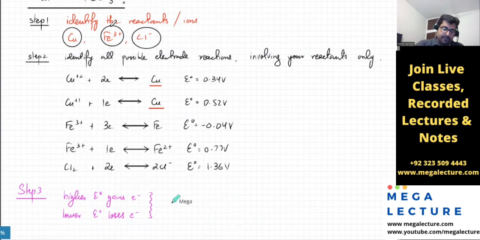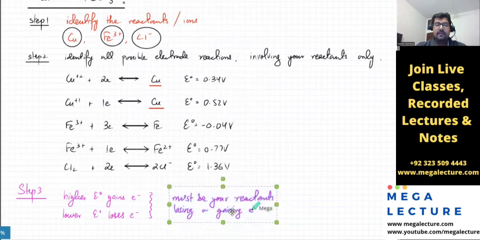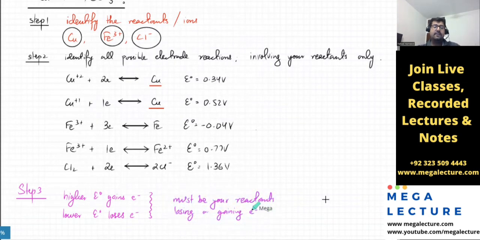So it must be your reactants that are losing or gaining electrons. Has to be one of them. It must be your reactants losing or gaining electrons.